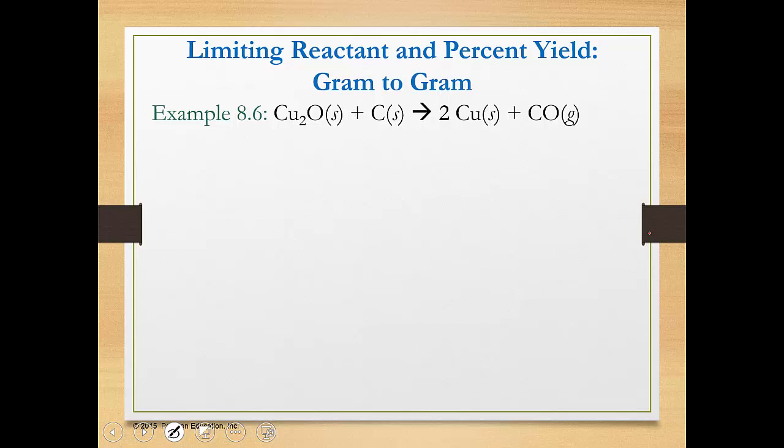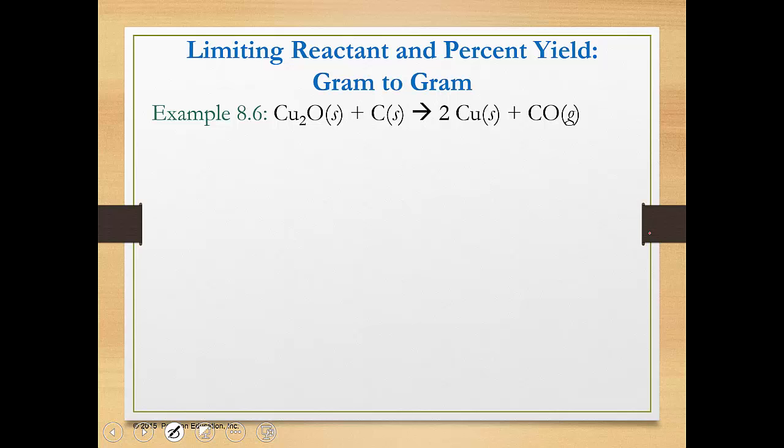So let's look at another example, gram to gram. This is example 8.6 in the book. So if you want to follow along, this is on page 263. So you can walk through the written out example there.